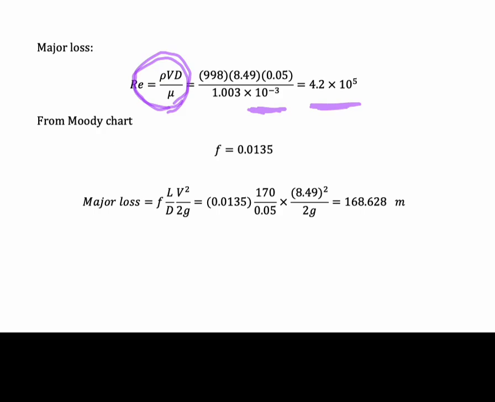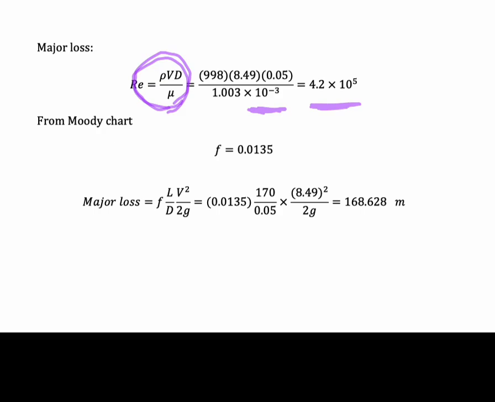That means it is more than 4,000, so we could assume that the flow is turbulent. If the flow is turbulent, we need to get the friction factor from the Moody chart.